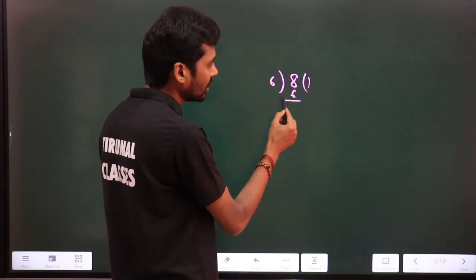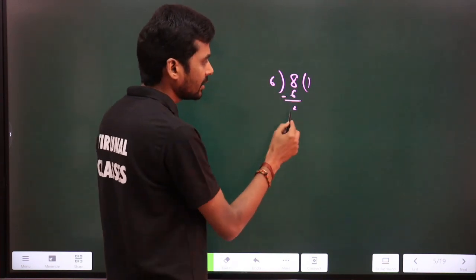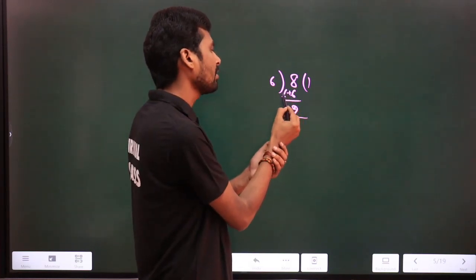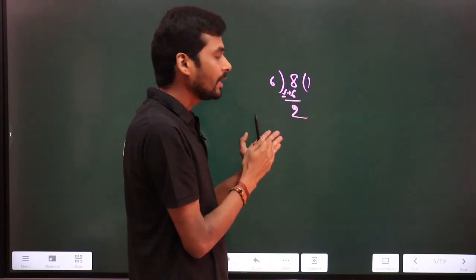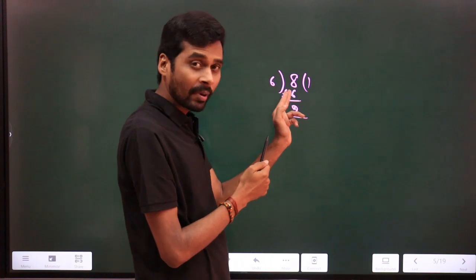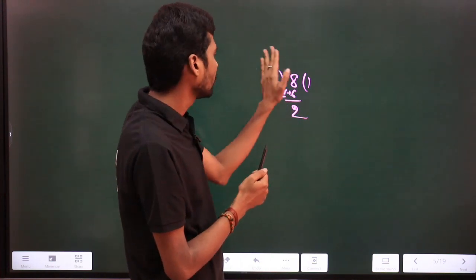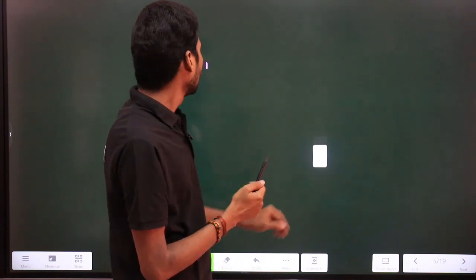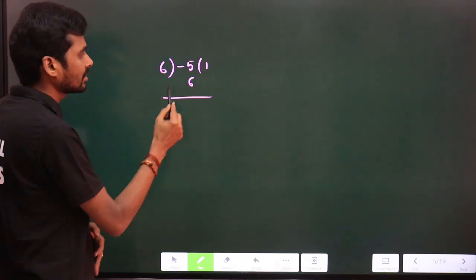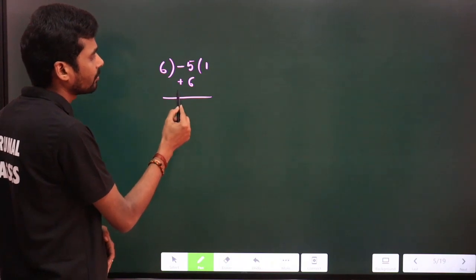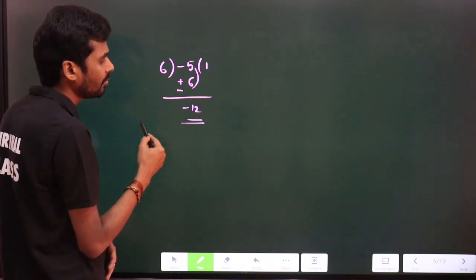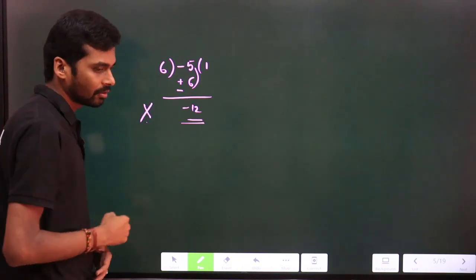Here what we are doing is subtracting. We just have to take the alternate sign. If we have plus here, I have to take the negative sign. If I have minus here, I have to take the positive sign. That is the rule for the division. So minus 5 when I divide by 6, this number is minus, so I take minus here. Minus 5 minus 6 becomes minus 12. Always remember that we should not have any negative remainders.